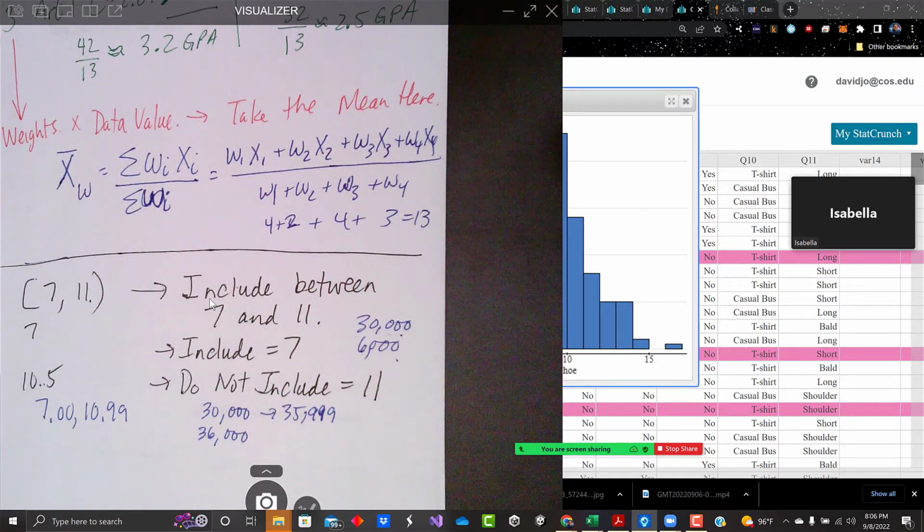I had one more question. I'm still having a difficult time using StatCrunch because I don't know how to place the numbers in the boxes like you do.